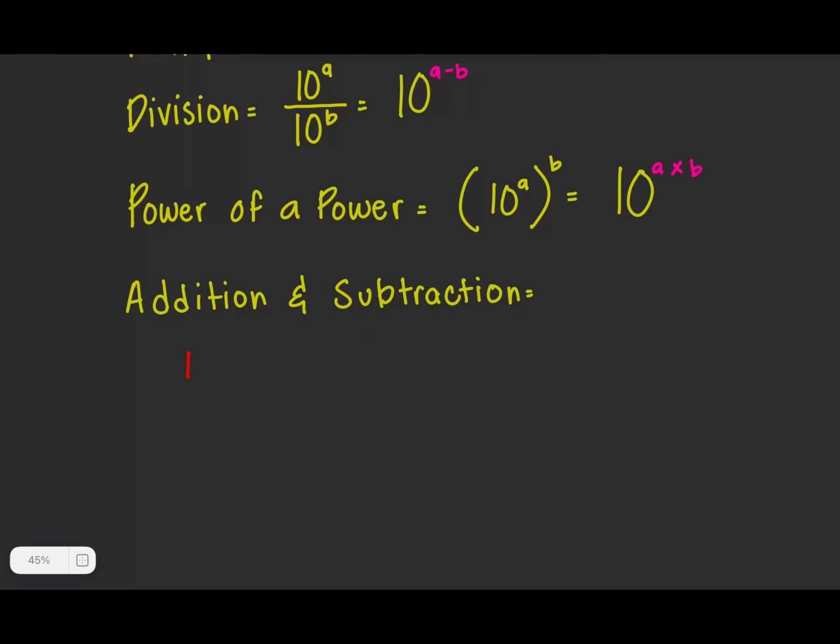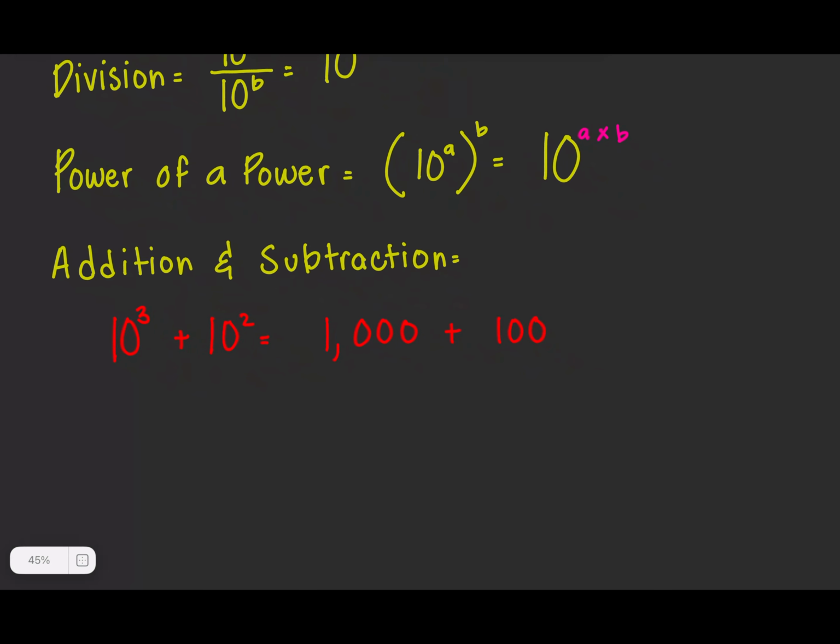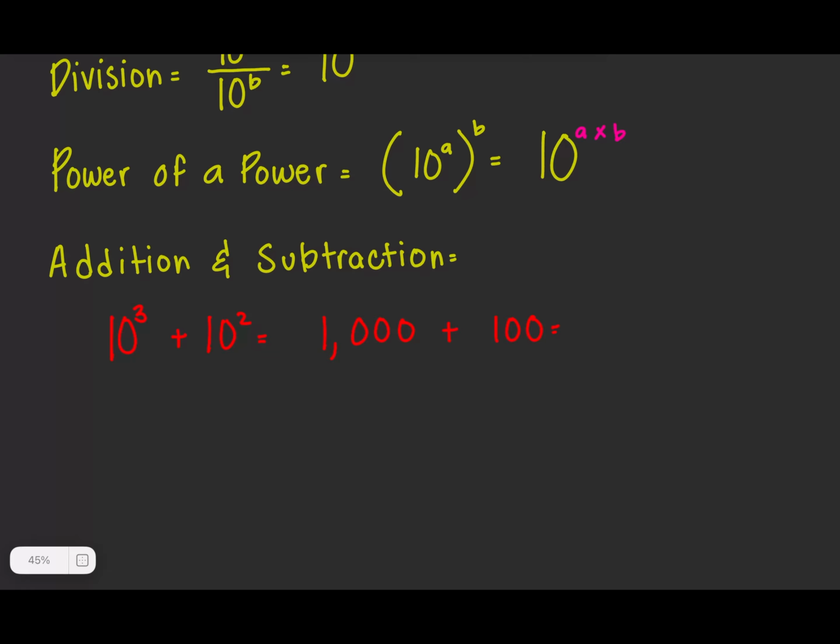Say we have 10 cubed plus 10 squared. This is equal to 1,000, that's 10 times 10 times 10, plus 100, which is 10 times 10. And so here, this is going to be equal to 1,100.